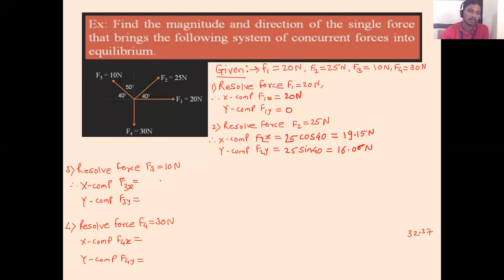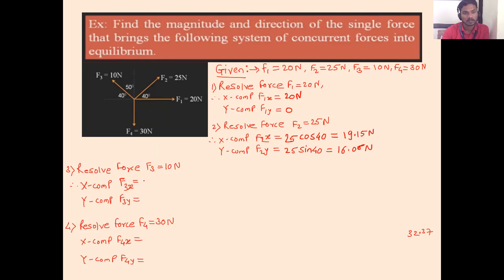Then the F3 force. What is the angle made by the F3 force with the x-axis? 40 degree. Very good. In which quadrant does this force lie? Second quadrant. What will be the signs of its x and y components? X component negative, y component positive. So what is its x component for the 10 Newton force?